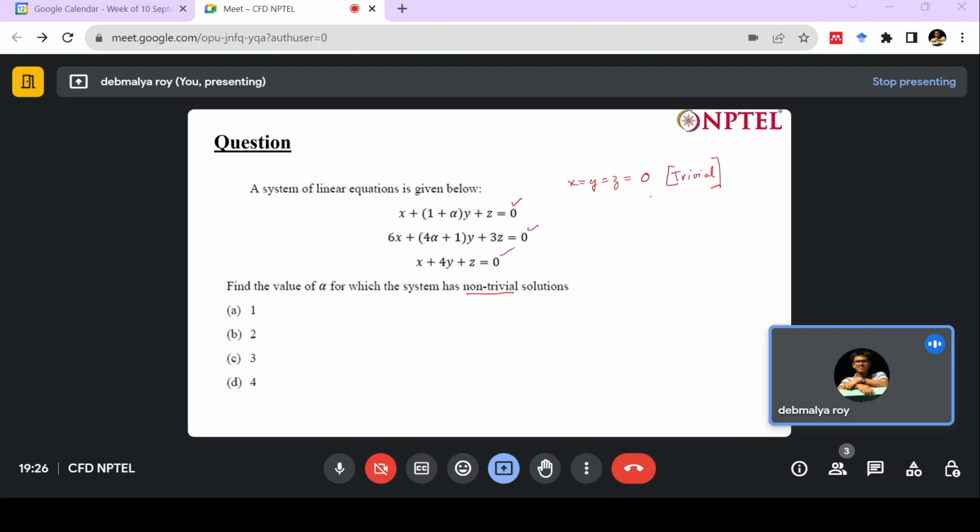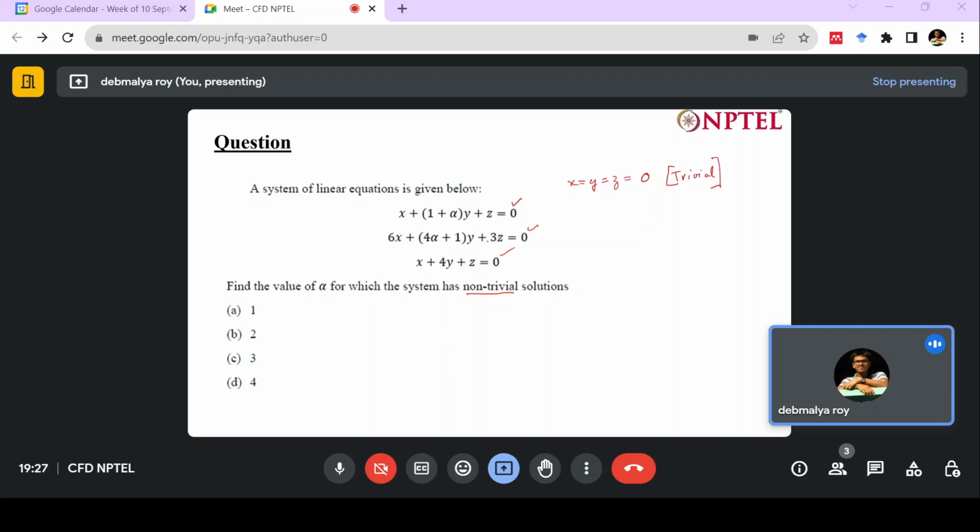So if there is only one solution of this particular set of equations, then the solution is bound to be a trivial one, because the trivial solution is anyways a solution of this set of equations. So for it to have non-trivial solutions, this set of equations must have infinitely many solutions.